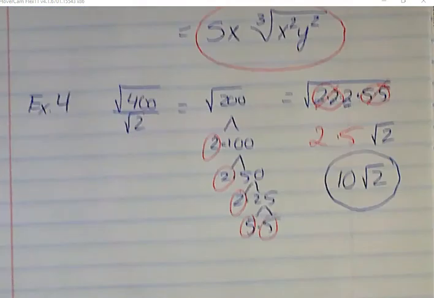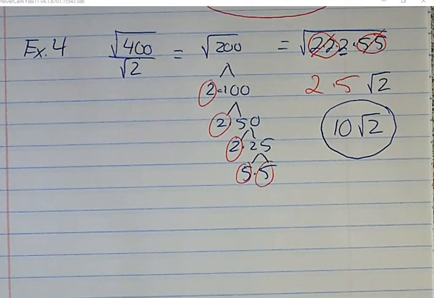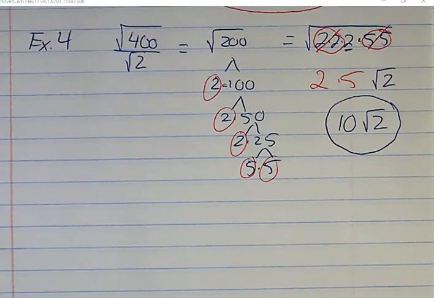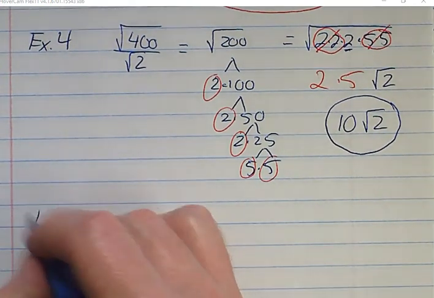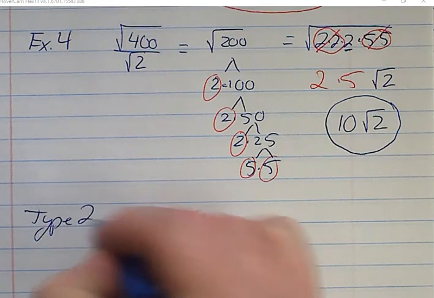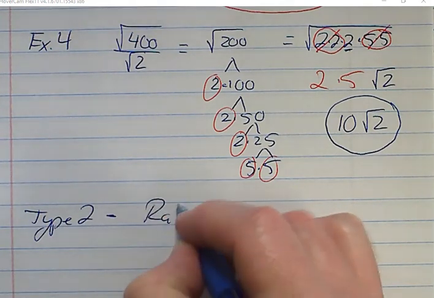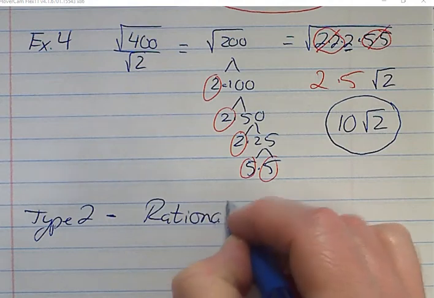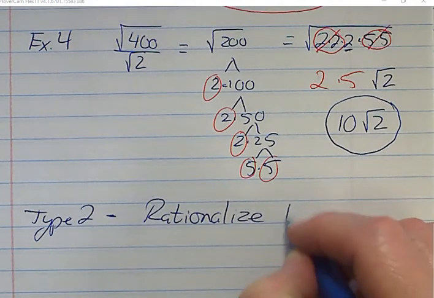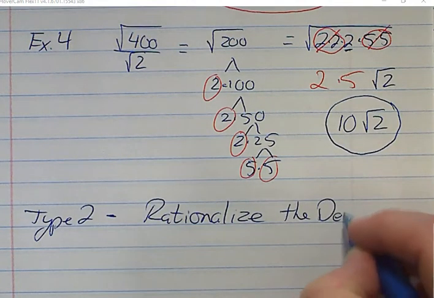We're going to do one part of it today, and we're also going to come back and do another part of this second thing tomorrow. But the type 2 is where they're going to ask you to rationalize the denominator.